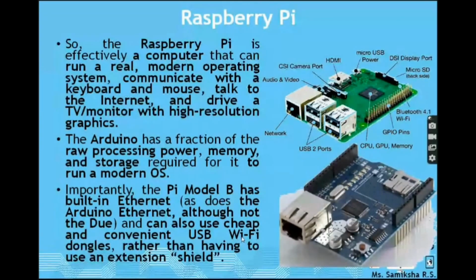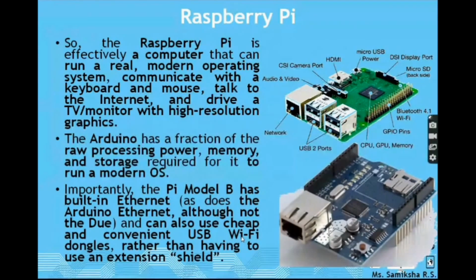Aren't all these features desired in an actual computer system? We get these features without adding any additional circuitry to the Raspberry Pi, and therefore no one can stop us from calling it an effective computer.